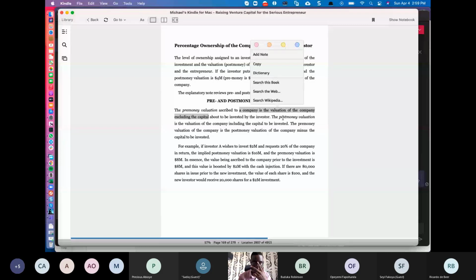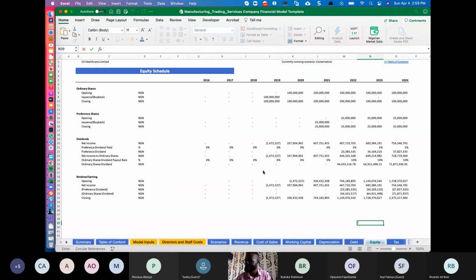So again, when we do the mathematics it becomes clear. This is where I have the calculation all done.